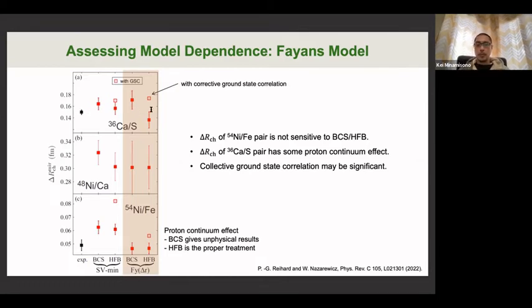They also performed the calculation with zero-point vibrations, which is shown in open squares. That shows the deviation from the spherical calculation. For this spherical Fayans calculation, it might be important to take into account the deformation effect as well, although they do not put an error bar on this point.